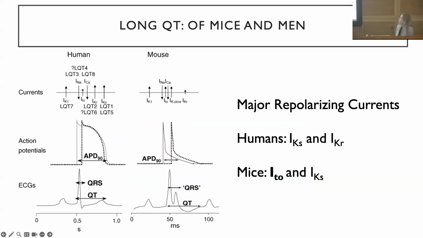In humans, the major repolarizing currents are IKS and IKR, the inward rectifier channels. And these are two of the channels that are affected by mutations that cause long QT. Whereas mice rely primarily on ITO, or the transient outward current, and IKS to a lesser extent. So the result of that, in addition to having a different action potential shape, is that mice have a completely different QRS morphology on ECG.